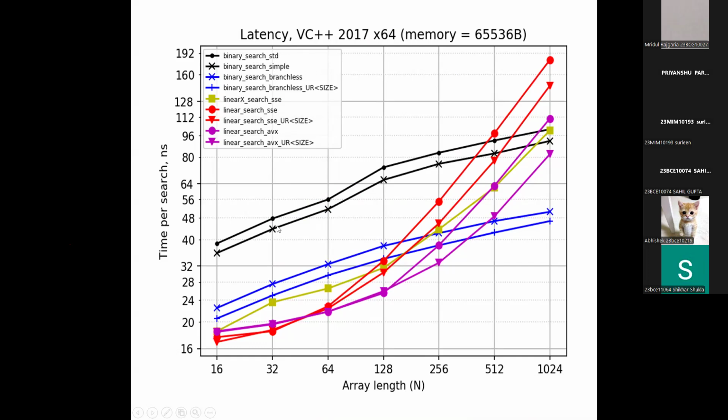With the x notation, and they are taking other modified versions of binary search with the branchless variant, and binary search with the branchless unrolled variant, when the unroll size is fixed. And they are taking other algorithms like linear search SSE method, linear search SSE with some parameter, linear search with the AVX variable, linear search with the AVX unrolled variable.